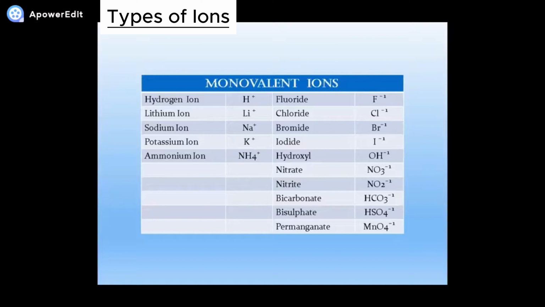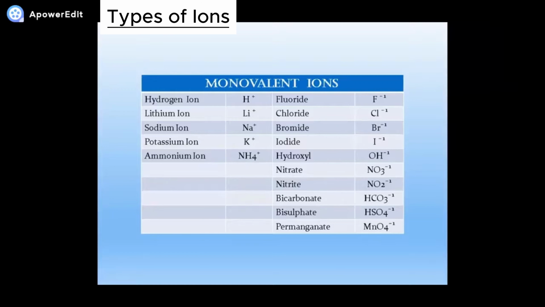Which one is the monovalent ion? Correct. Mono means one. So this is monovalent. Why are both of these monovalent? Because plus one. So monovalent could be positive or monovalent could be negative.